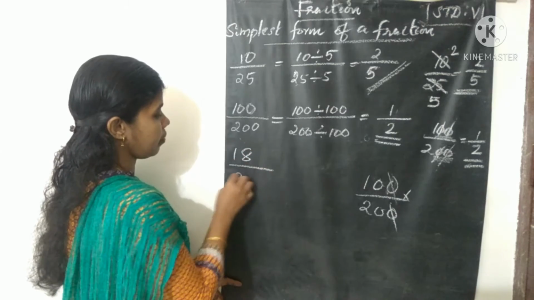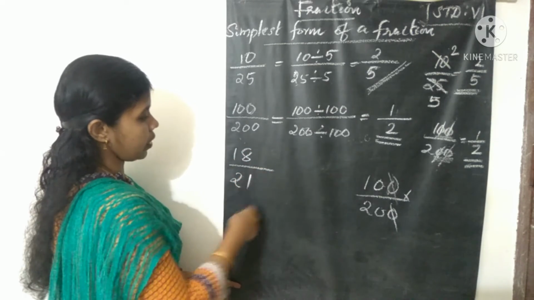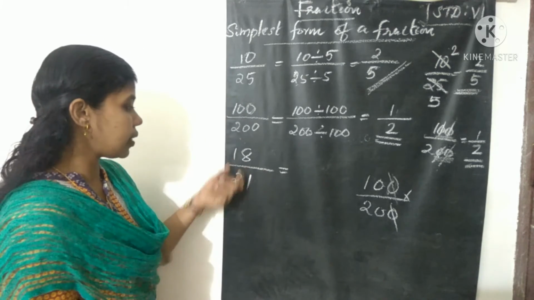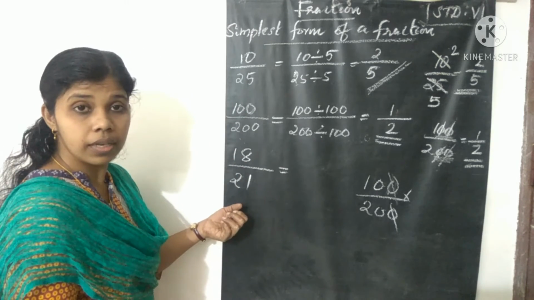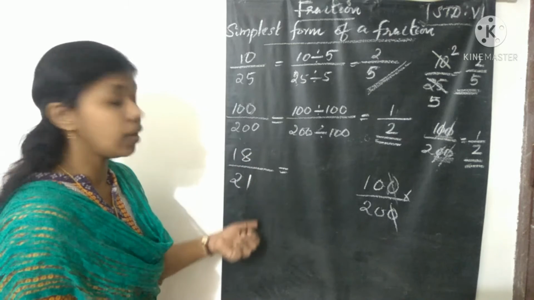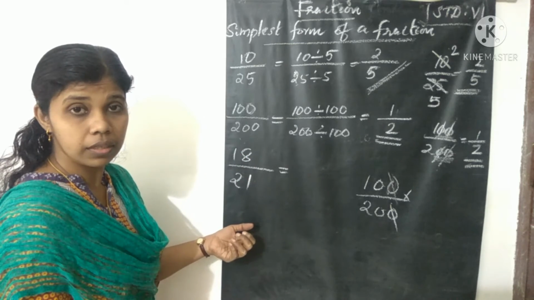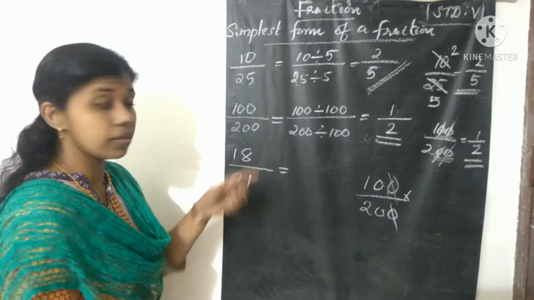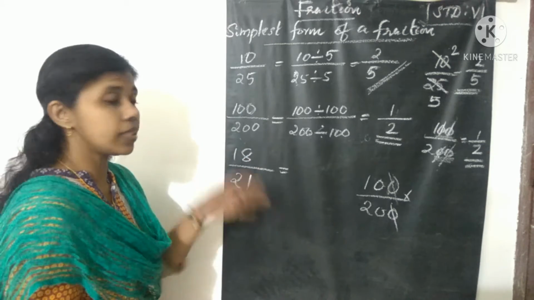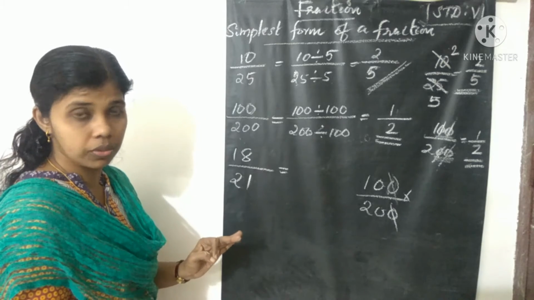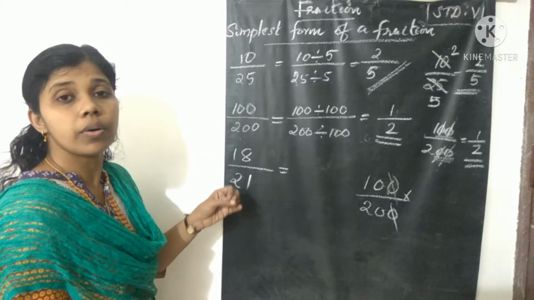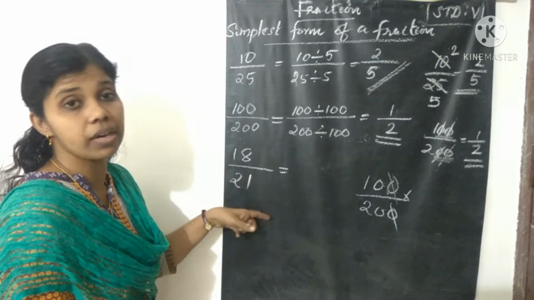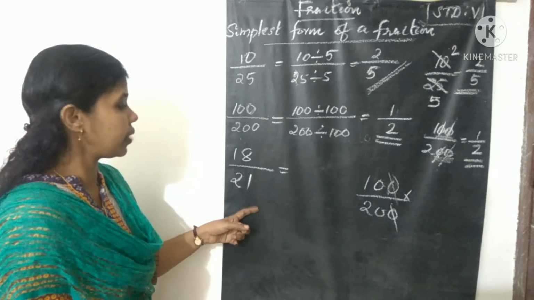18 by 21. Here, 18 and 21 contain how many common factors? 18 is divisible by 2. 21 is not divisible by 2. That means 2 is not a common factor of 18 and 21.